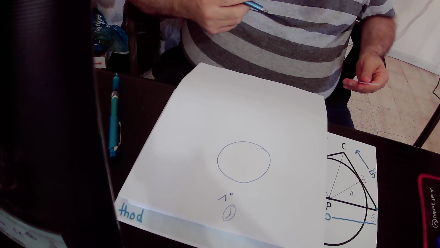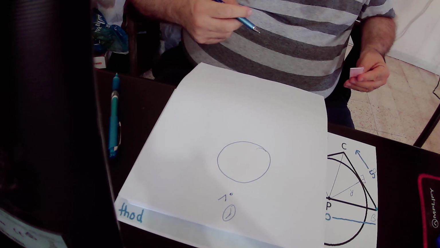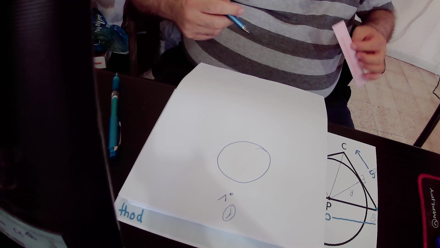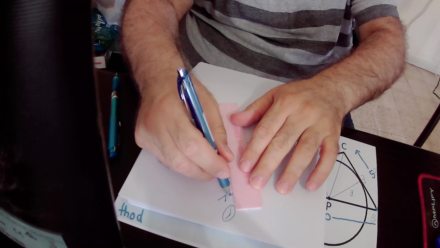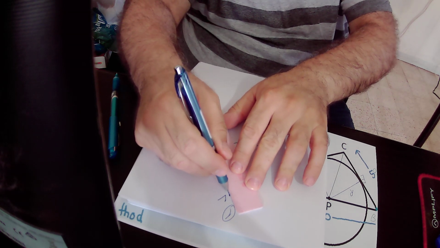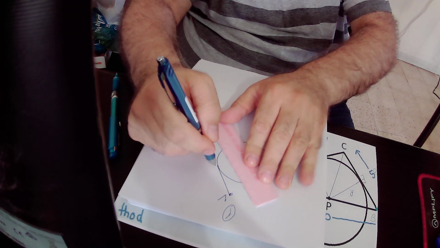And if from point V we draw two tangents to the circle, that will be the first tangent.